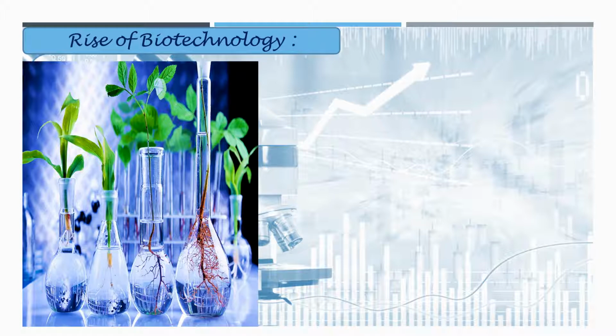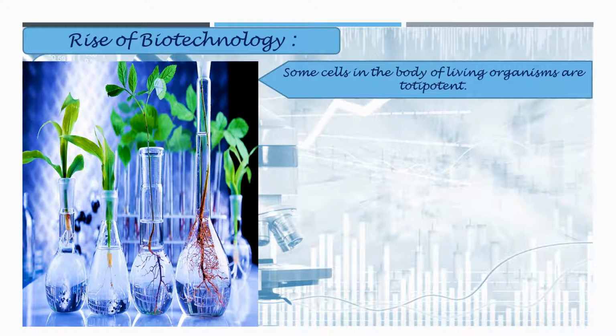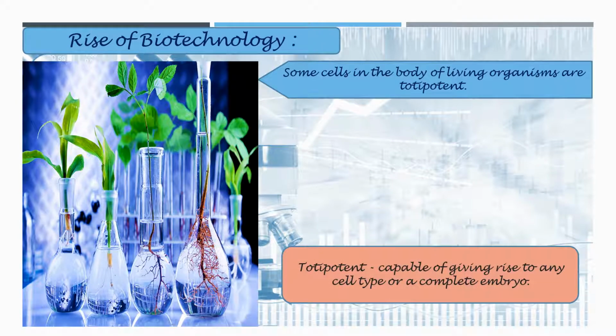Students, now let us see about the rise of biotechnology. Some cells in the body of living organisms are totipotent. What do we mean by totipotent? Totipotent means capable of giving rise to any cell type or a complete embryo, and in the proper environment, a new organism can grow from these cells.